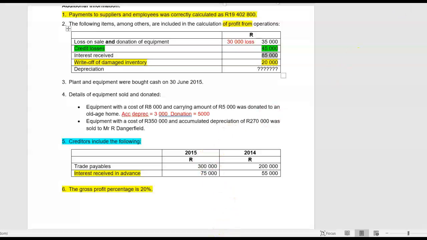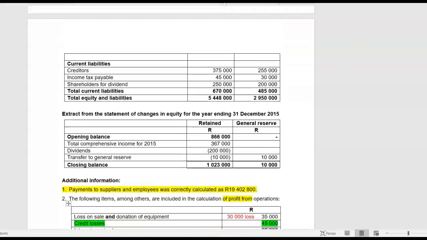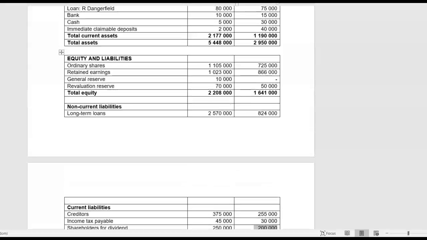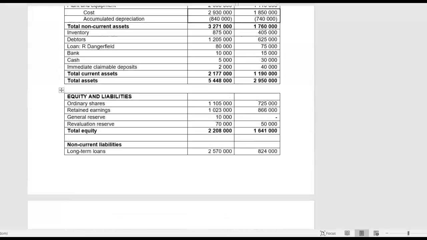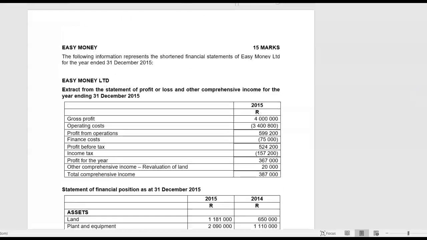Dividends paid. Guys, in our statement of financial position, we have shareholders for dividends. Opening balance 200,000 plus our dividends declared during the year, which was, where did they give us our dividends declared for the year?